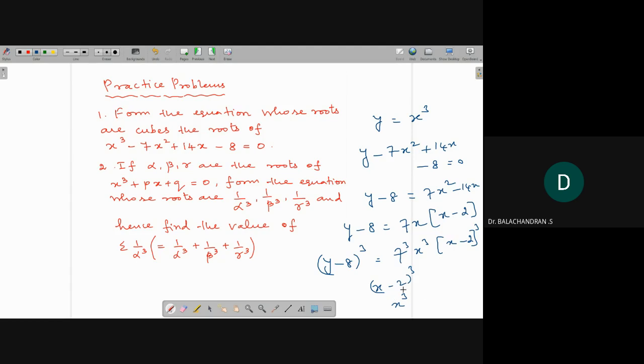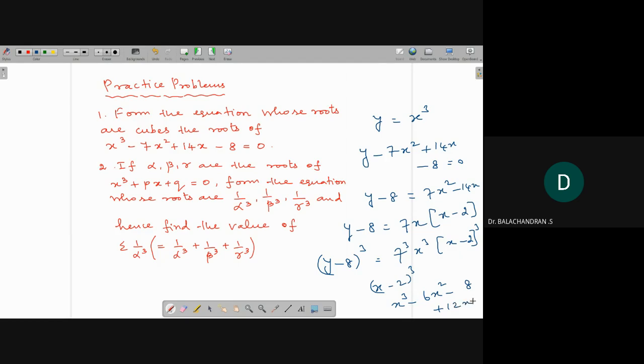X cube, no problem. And then the x square term, what will come? You have x square, minus 6x square, minus 8, plus 12x.